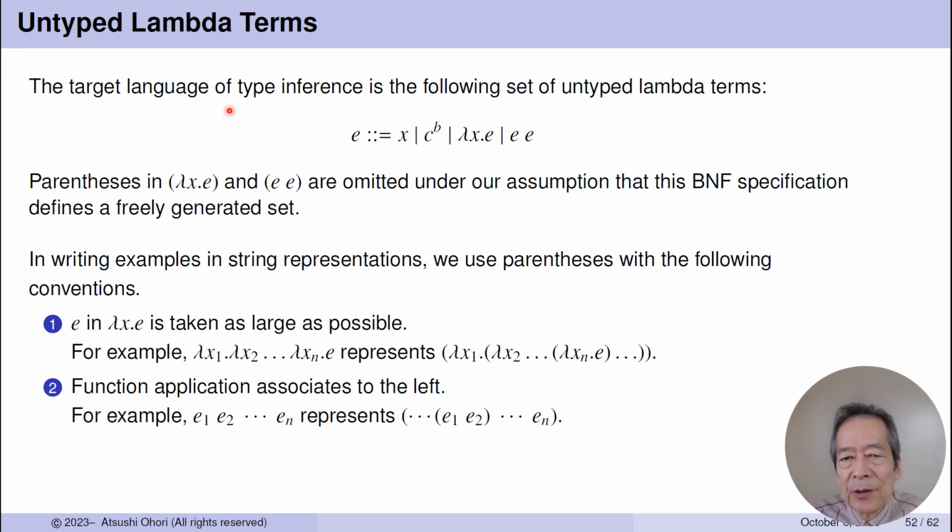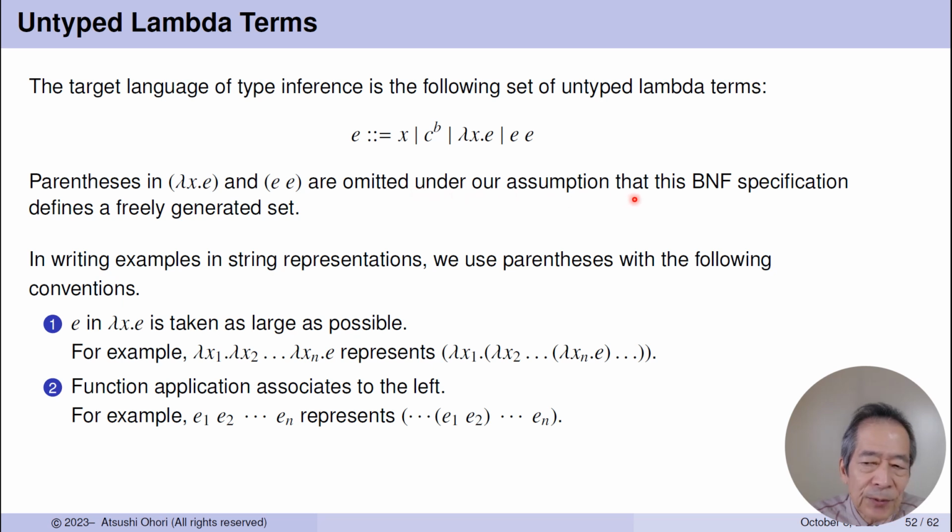The target language of type inference is the following set of untyped lambda terms given by this BNF specification. Now we understand that this defines a freely generated set, so that syntactic structure is understood completely. Therefore, the parentheses around this term and this term are omitted, right?